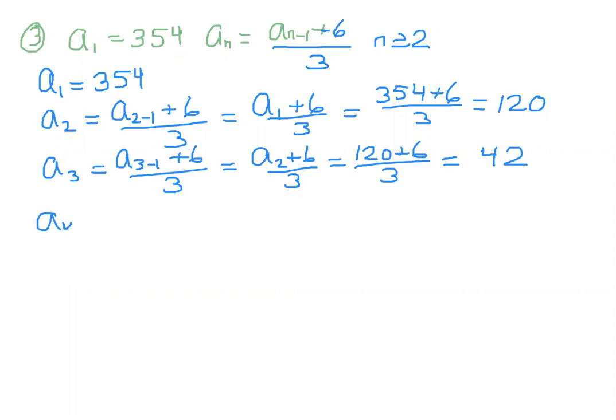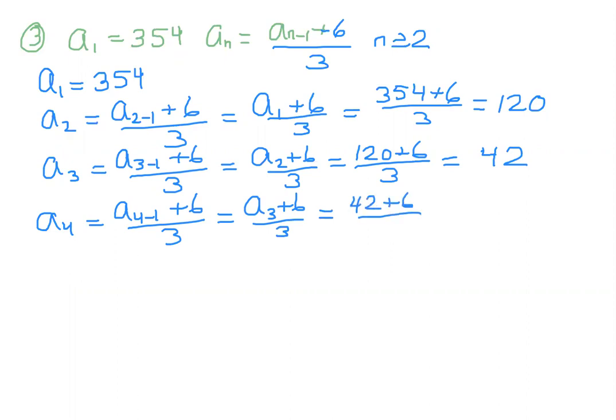And a4 is a4 minus 1, which is a3 plus 6 over 3, which is 42 plus 6 over 3, which is 16.